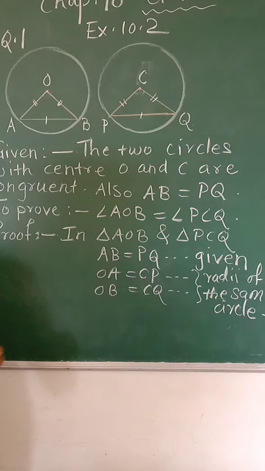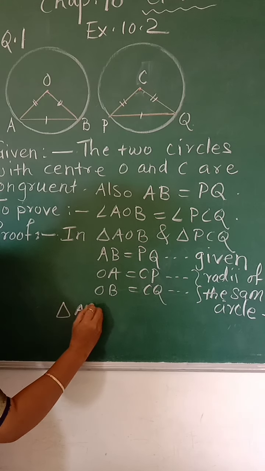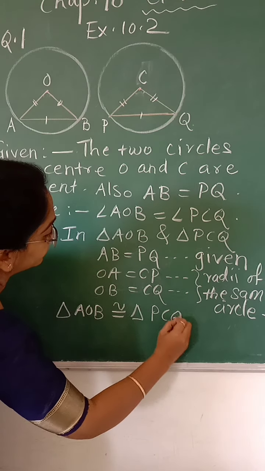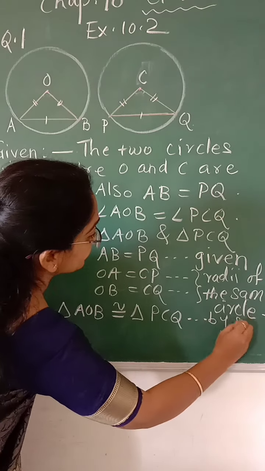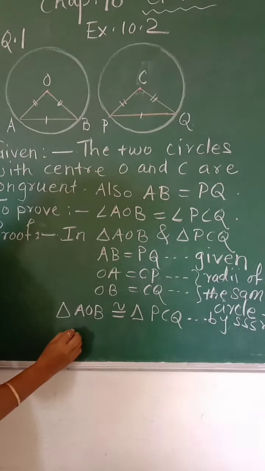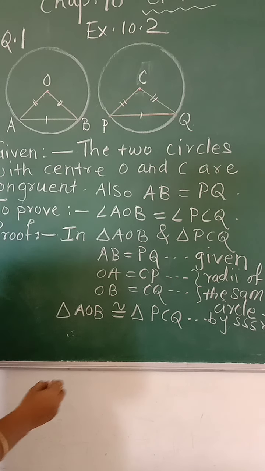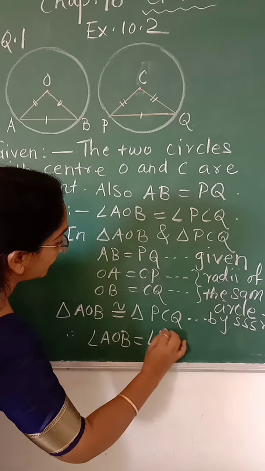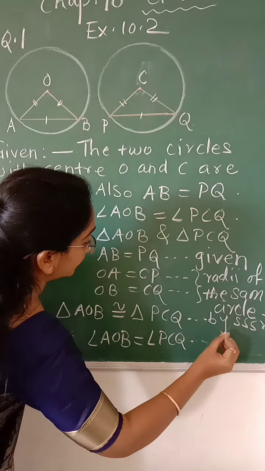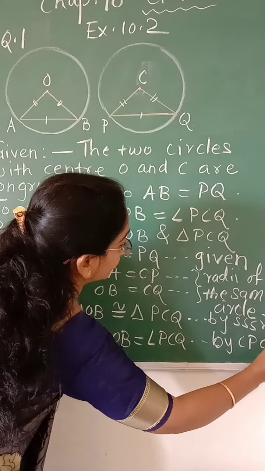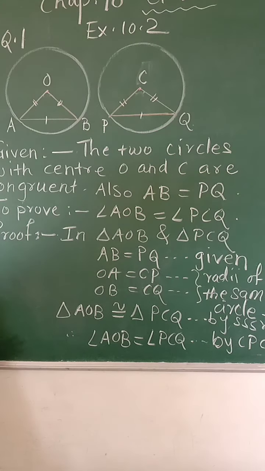So triangle AOB is congruent with triangle PCQ by SSS rule, and therefore by CPCT angle AOB is equal to angle PCQ. So here we proved the required result.